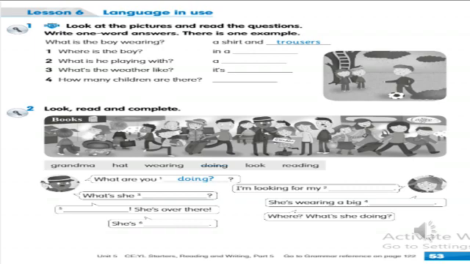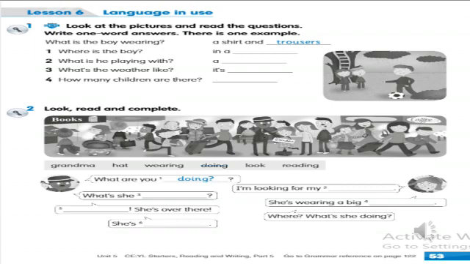Now, in number 5, we have a space. Then, she's over there. She's over there. What's the word here? Yes, look. She's over there. Look. We have an exclamation mark here. Look, she's over there. Where? What's she doing? Now we can guess.